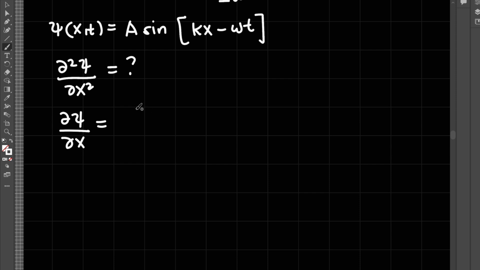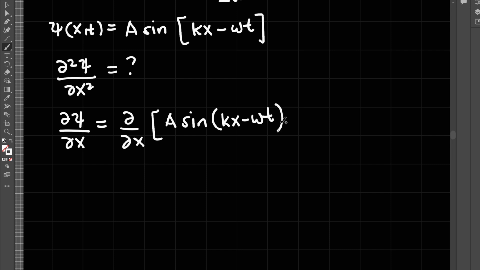This is equal to partial over partial of x of A sine kx minus omega t.